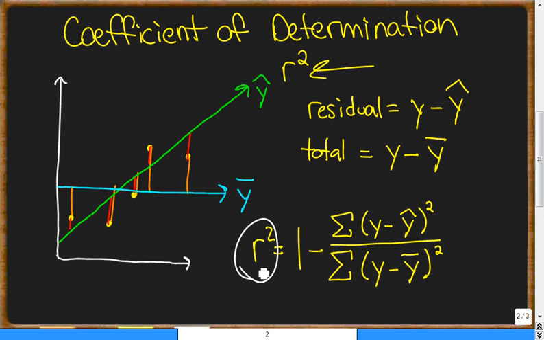Thank goodness our calculator does this for us, but the idea is that we're judging how well our line is doing versus our predictions, versus how well our observations are doing versus the mean, because the mean is the easiest line to make. It is just an average, a flat line, versus a more complicated line, which has a slope and a starting point.